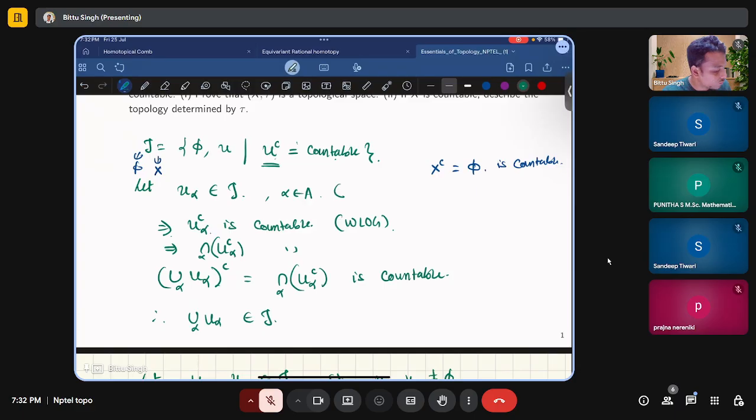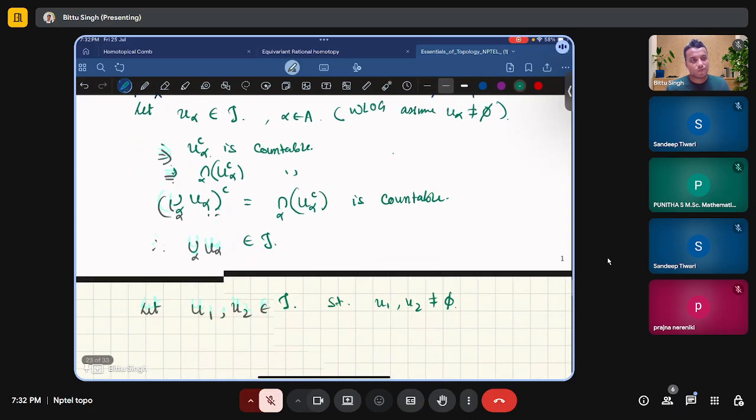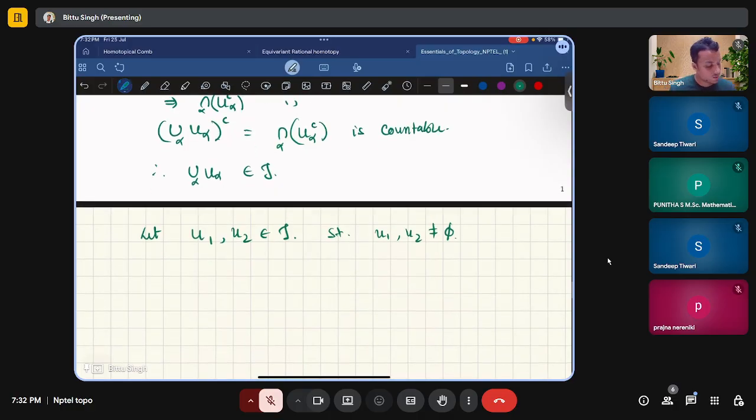Here also, without loss of generality, assume u alpha are non-empty. We can always assume that, because for the union and intersection the check is obvious. So we can assume this is non-empty. Then this belongs to tau and this is non-empty.